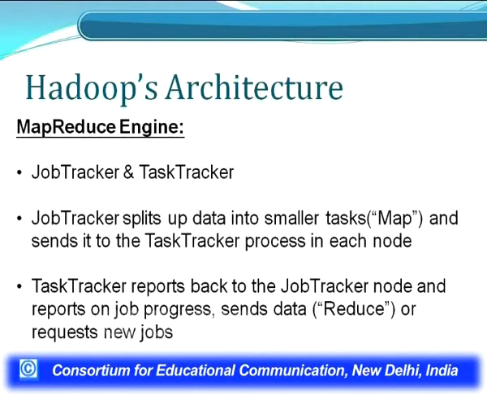That is the job of the job tracker, and the task tracker reports back to the job tracker node and reports on the job progress, sends data, that is reduce, or requests a new job. So, here you can see the function of the job tracker and the task tracker.